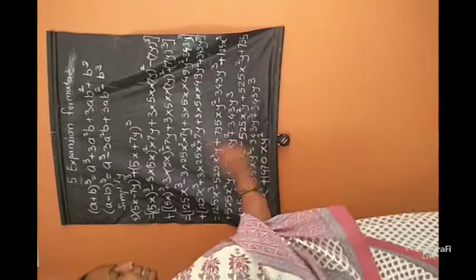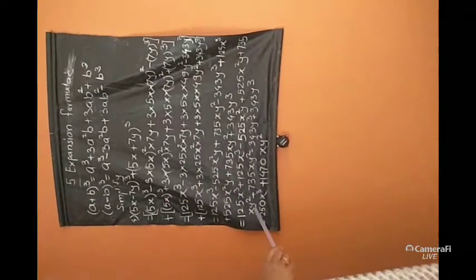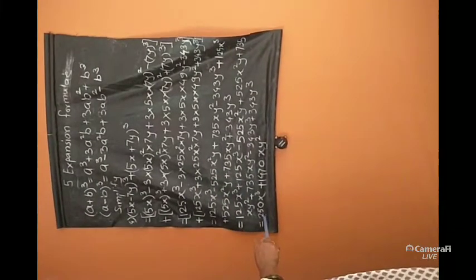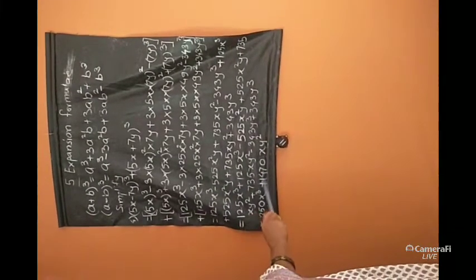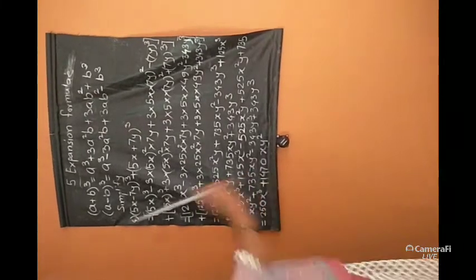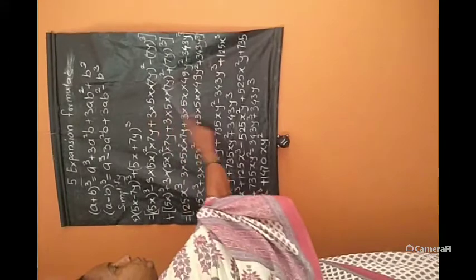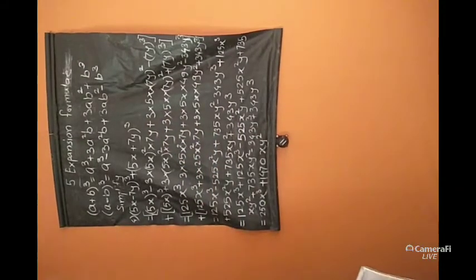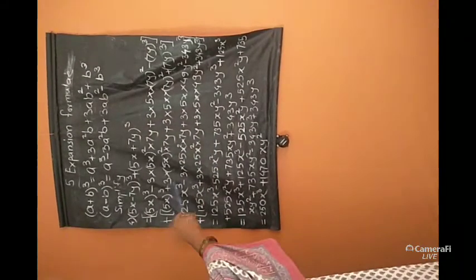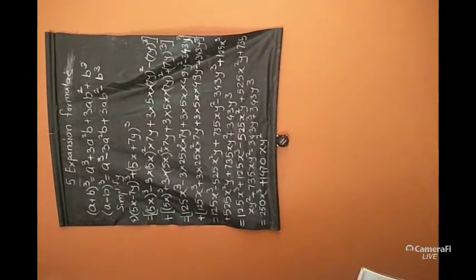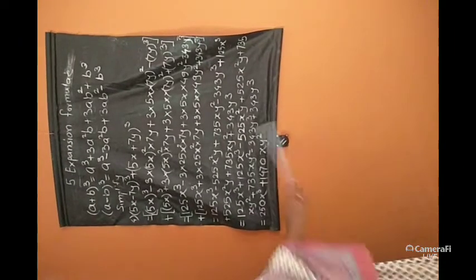So the final answer of this example is 250x³ + 1470xy². Though it is difficult to see, it is very easy to solve. When you solve it, you can understand it. So you have to solve the remaining 3 examples and this example also in your notebook and revise it.